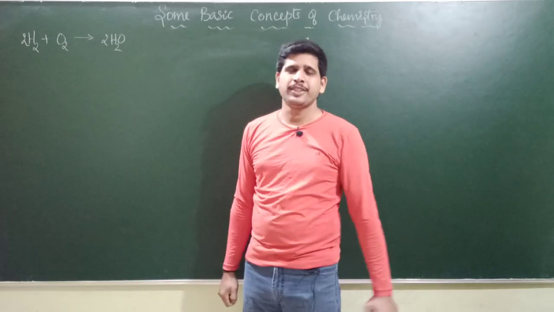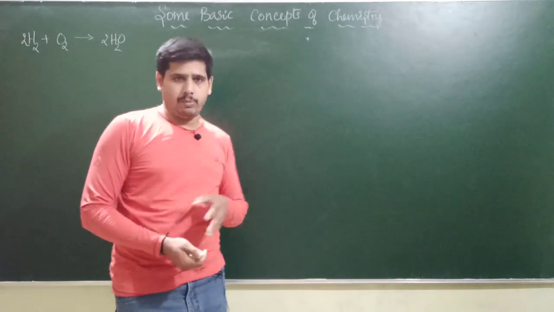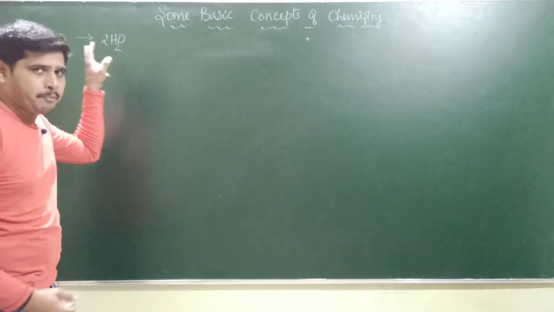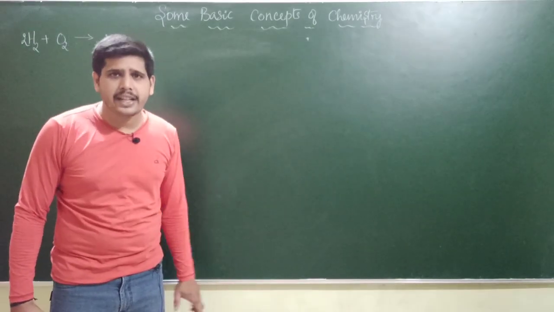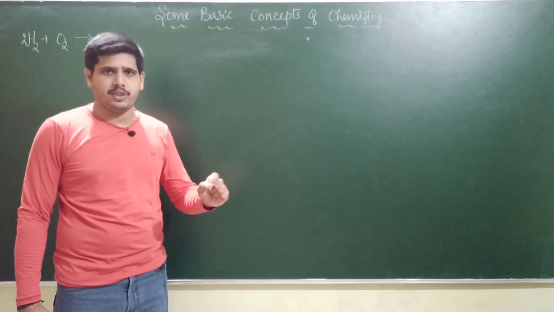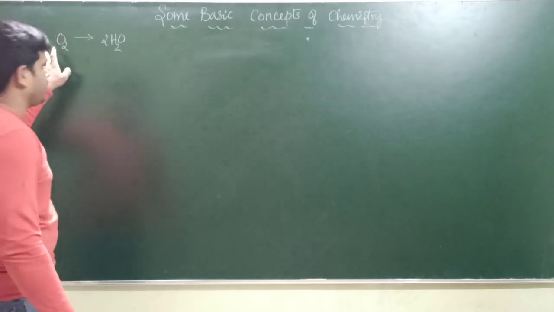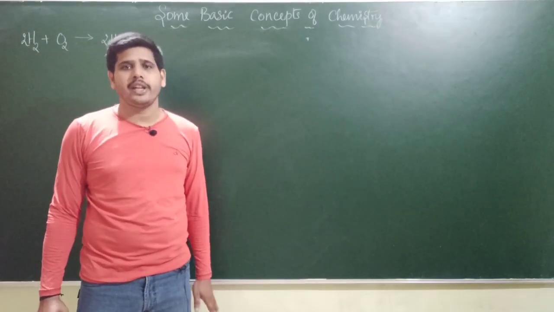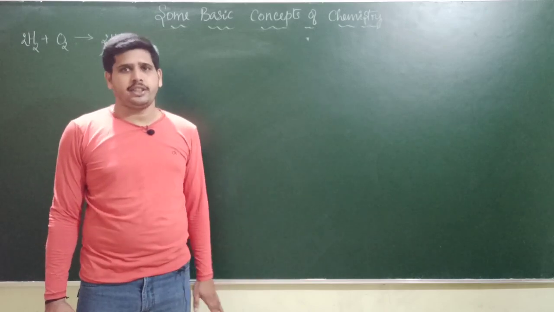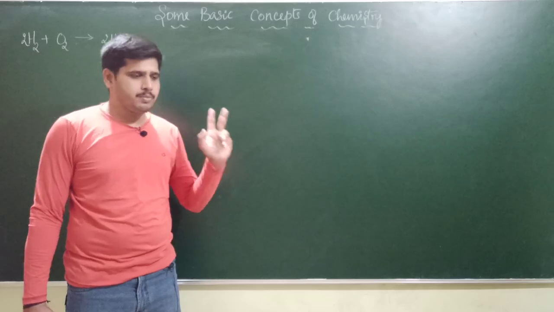So that reactant which is present in a very small amount, since it controls the reaction, we can say it limits the reaction. Now that reactant which limits a chemical reaction is said to be the limiting reactant or limiting reagent. So both the terms are in use.